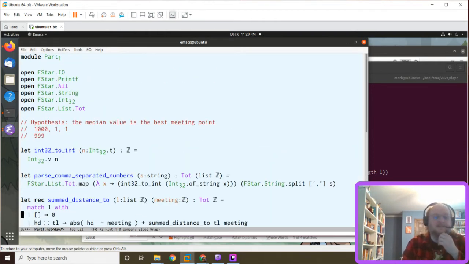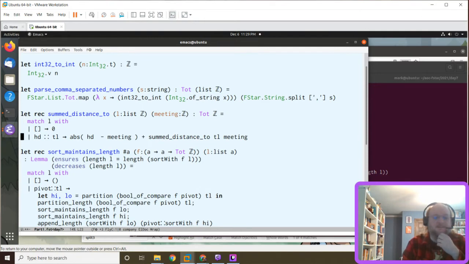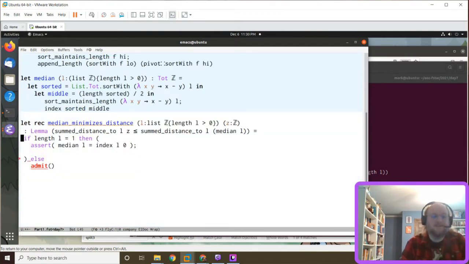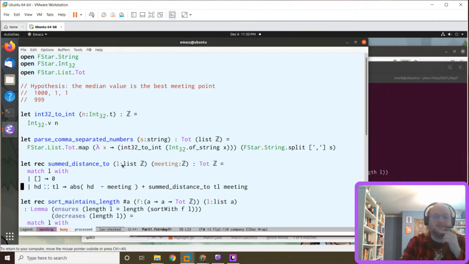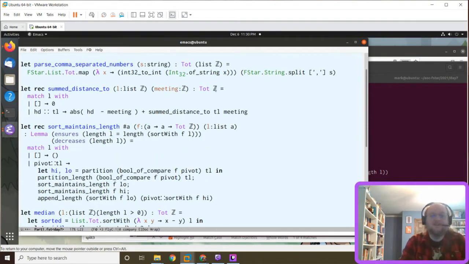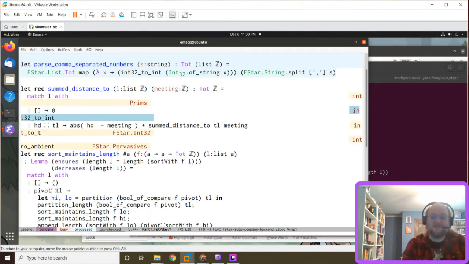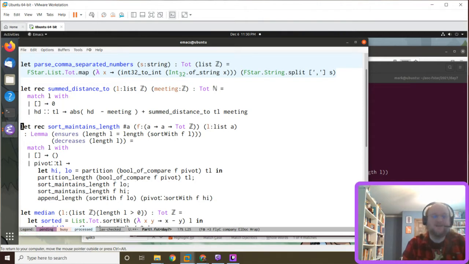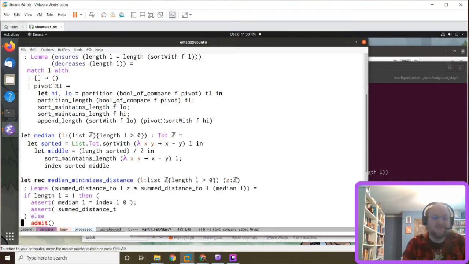And we probably need a lemma about this sum distance too, but okay, so maybe we should prove that it's always greater than 0. Another name for always greater than 0 is it's a natural number, greater than or equal to 0. All right, which it can prove inductively.